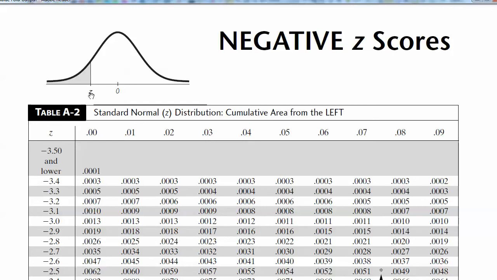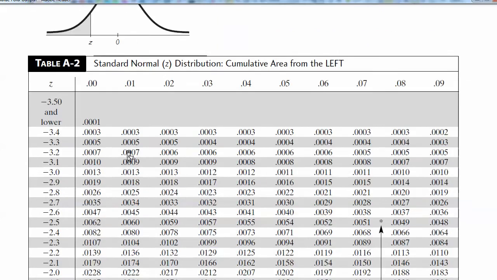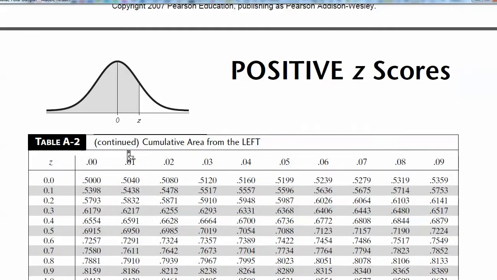In that example, it was negative 1.32, so it would end up on the left side of 0. And the standard scores that end up on the right side of 0 would be something like 1.32 and 2.4, positives.